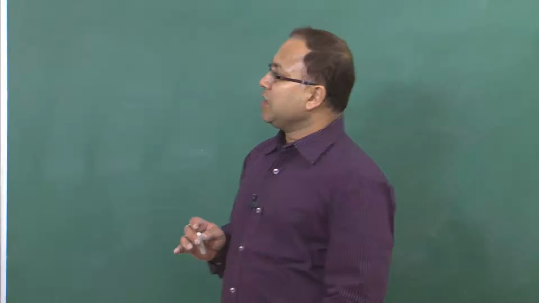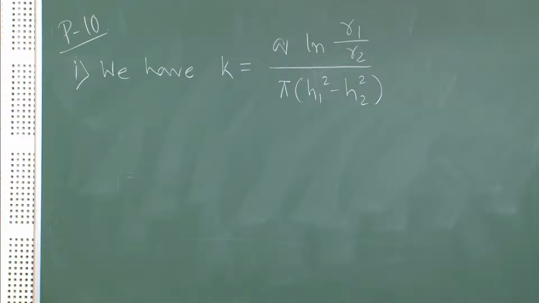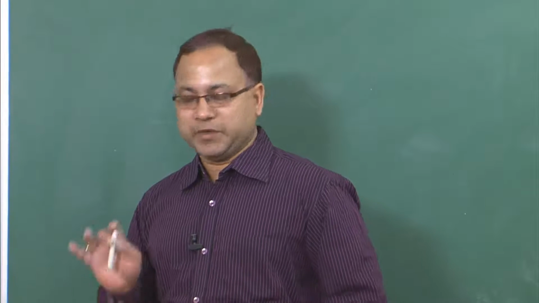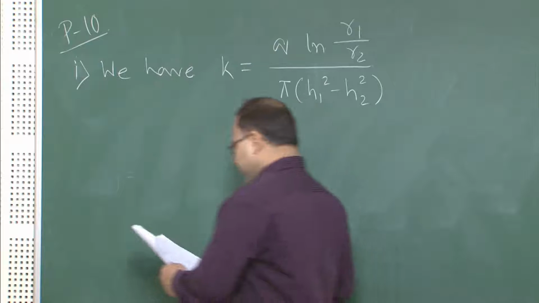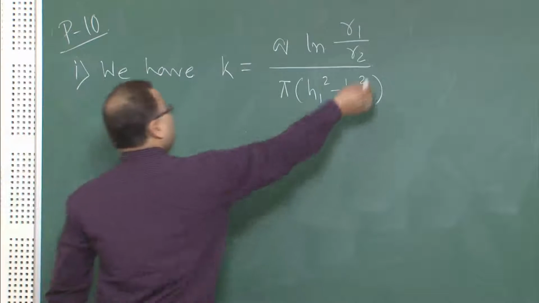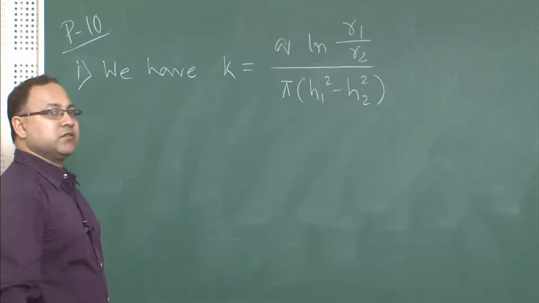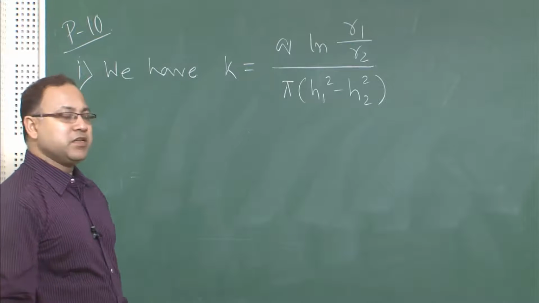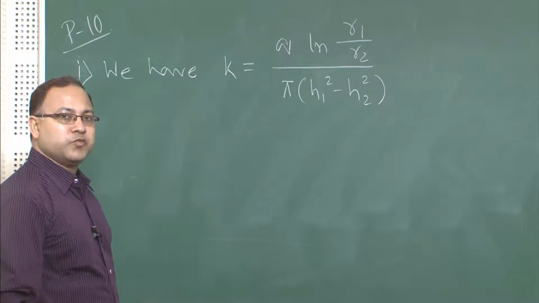Whereas H1 and H2 are the water heads available at observation well 1 and observation well 2 respectively. So, now we need to find out the magnitude of the different parameters to obtain this coefficient of permeability.